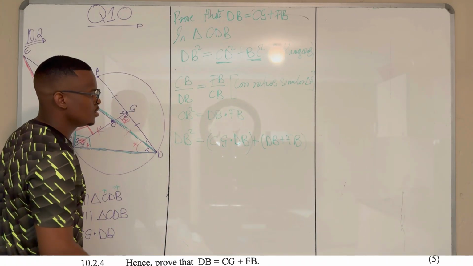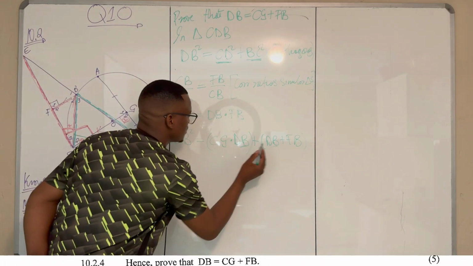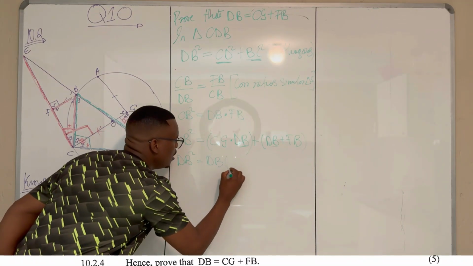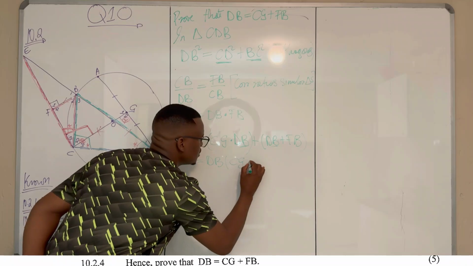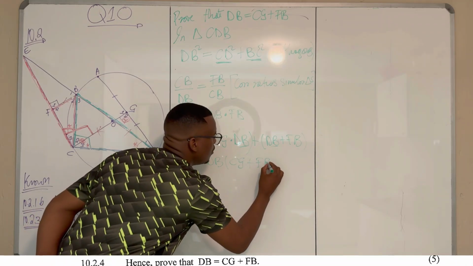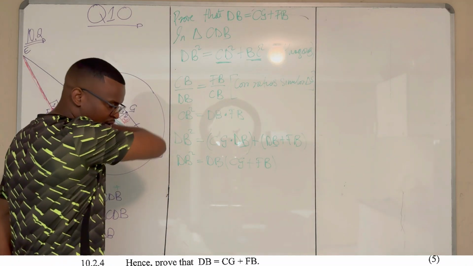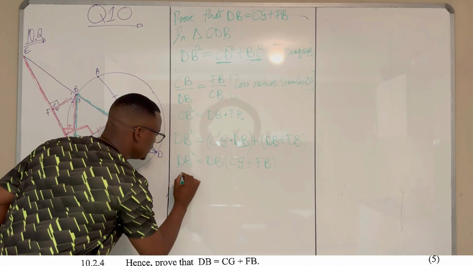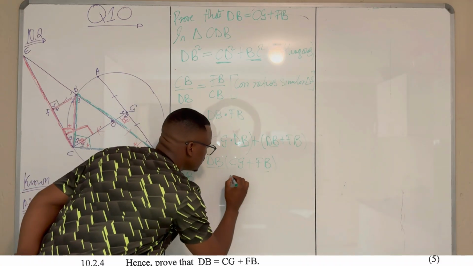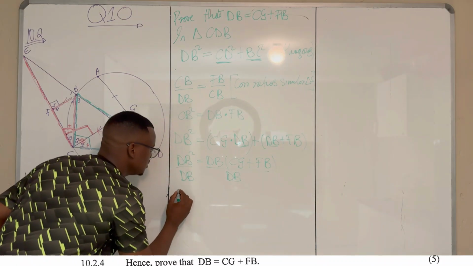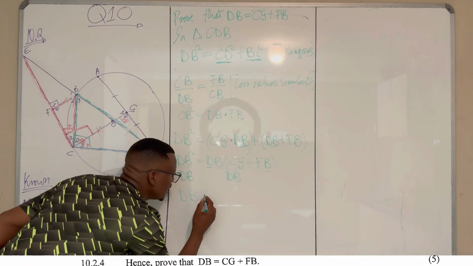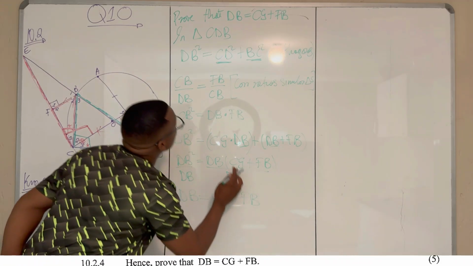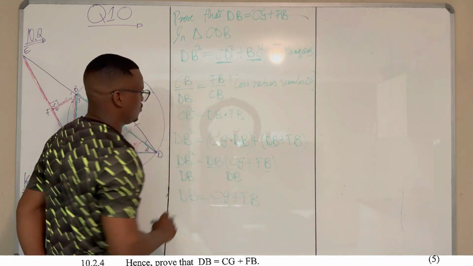In that case, you can see DB is a common factor here. So your DB squared is equal to DB times CG plus FB. So you can divide both sides by DB, and you have DB equal to CG plus FB, which is what we're looking for.